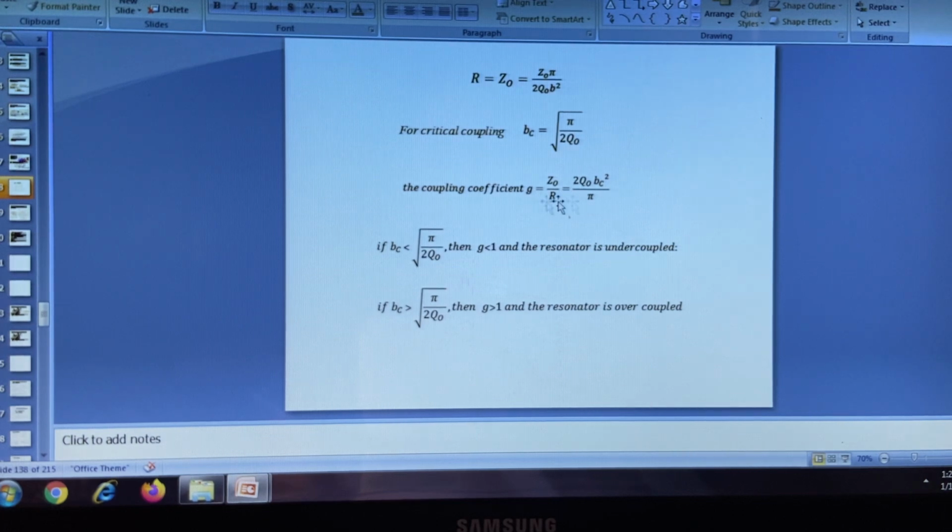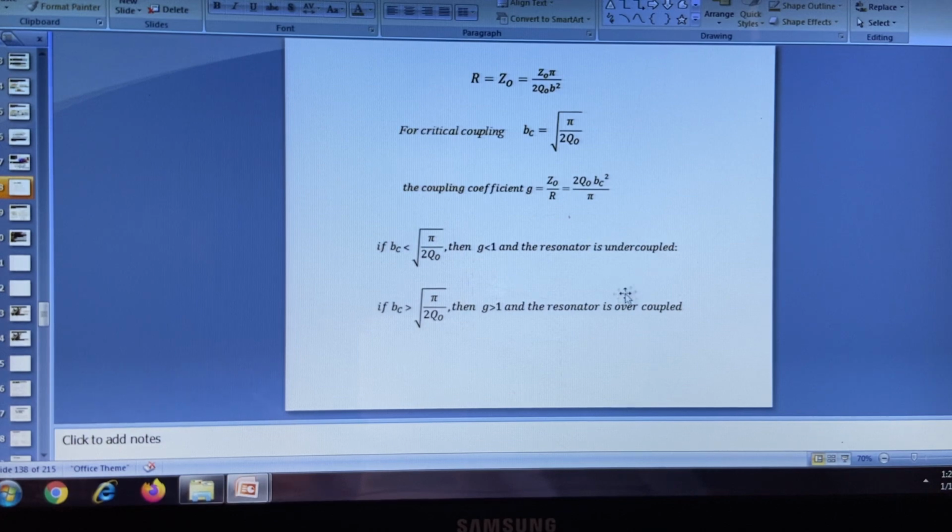So this coupling coefficient says the level of coupling from the excitation source to the resonator. If BC is calculated using this, if this BC is lesser than this value, then the resonator is said to be undercoupled. If it is greater than that, it is said to be overcoupled.